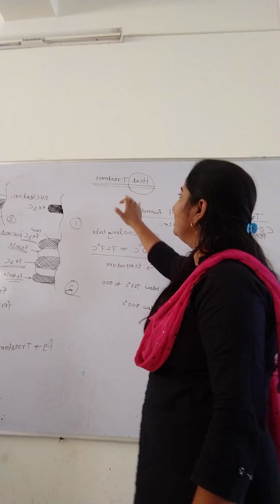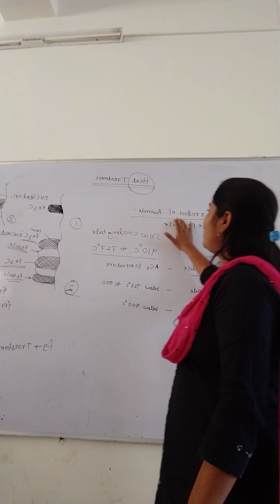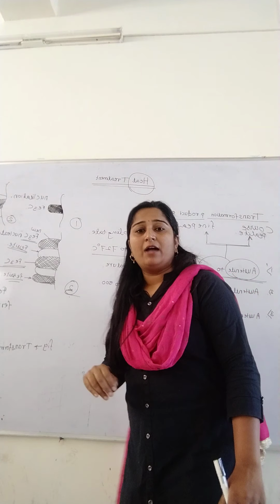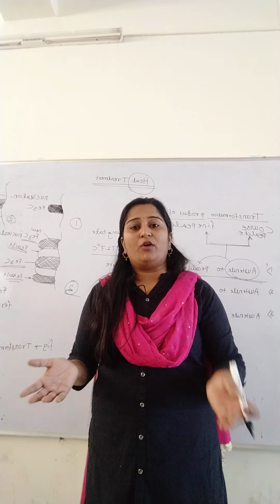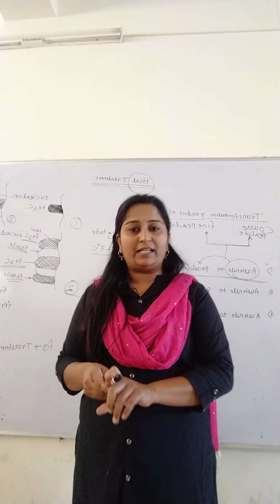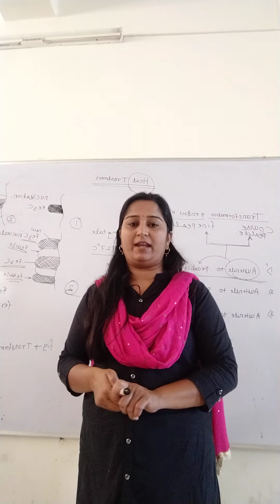Now in this chapter the first topic is transformation product of austenite. Now what is austenite? In the previous chapter we studied what austenite is. Austenite is a phase of the iron carbide diagram.